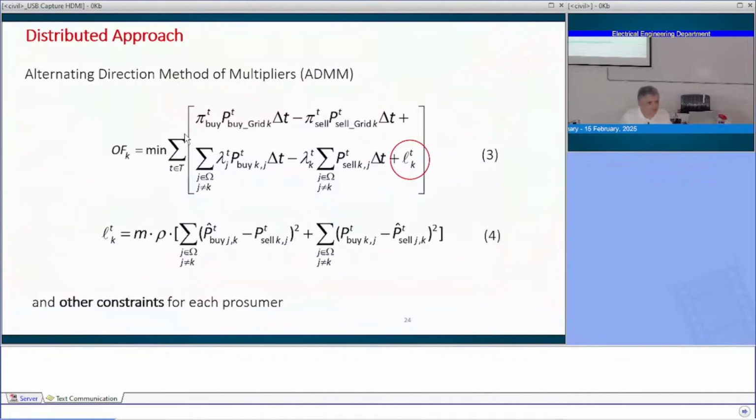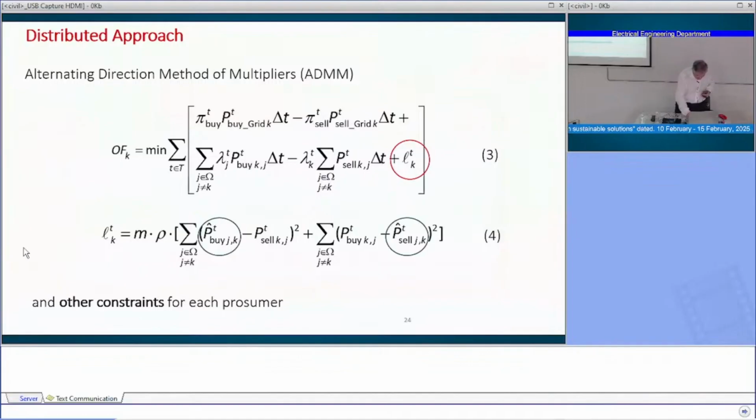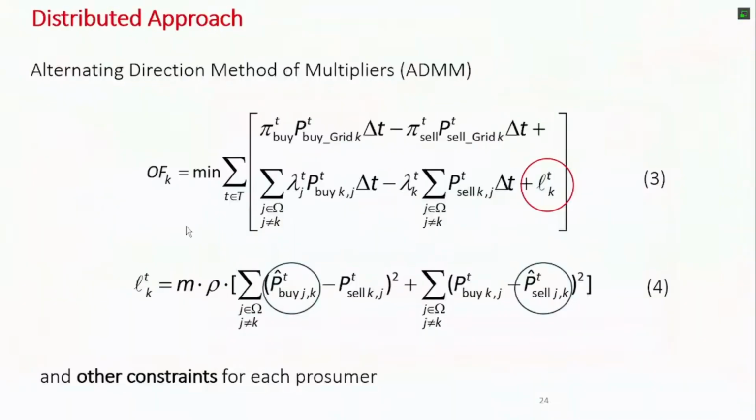So if this mismatch is low, we can increase this rho during the iterations. But there are tricks, several tricks. We have implemented this, obtaining good results, but for the various problems, there are also tricks in here.